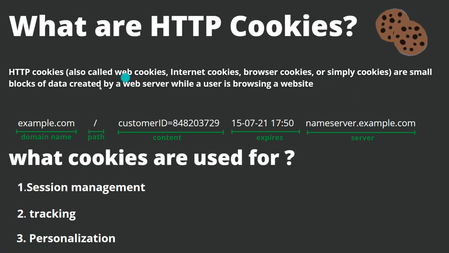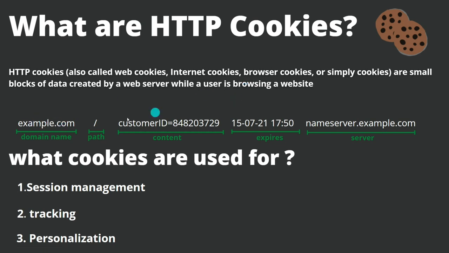These are blocks of data created by the server which are sent to our browser. Whenever our browser gets this data and makes a request to the server, these cookies automatically get attached to that request so that the server can uniquely identify your computer.